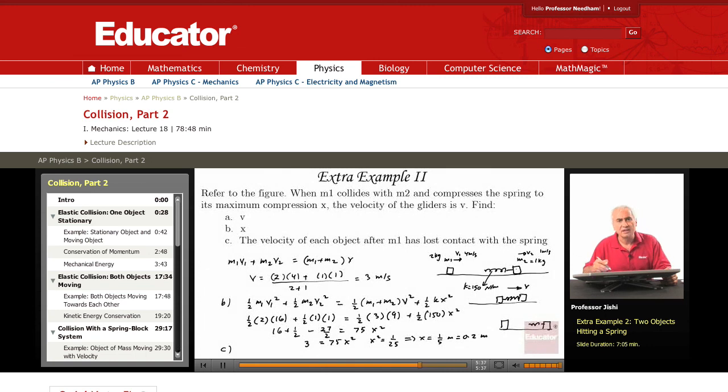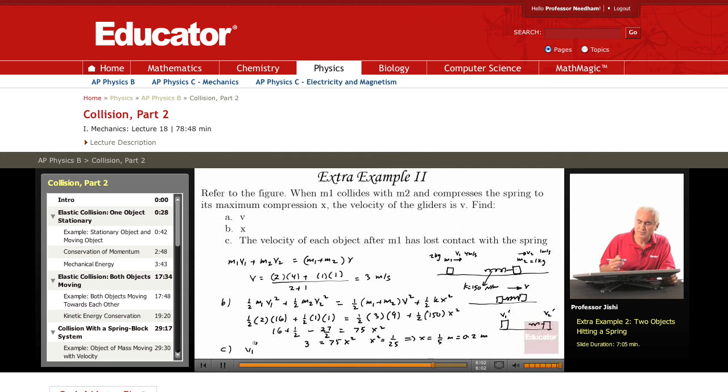So we have an elastic collision. Now we have M1 V1 given, M2 V2 known. So what is V1 prime? What is V2 prime? Since it's an elastic collision, we have already done this in the lecture. I can calculate V1 prime and V2 prime.